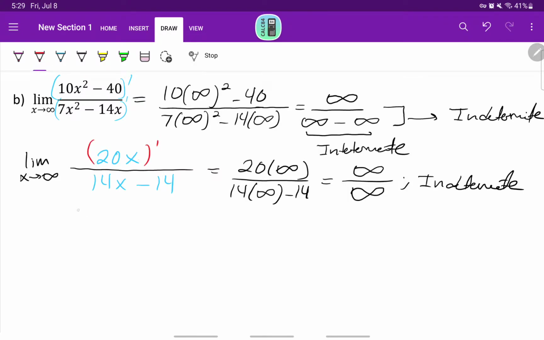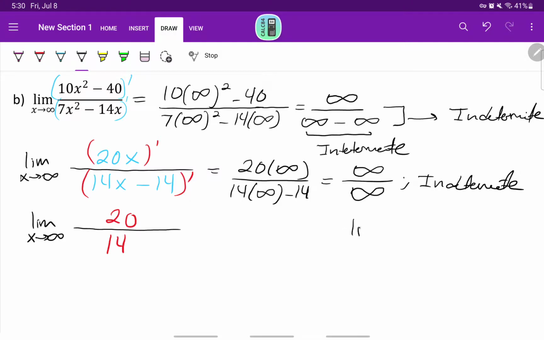Take the derivative of the top, take the derivative of the bottom. We have the limit as x approaches infinity. The derivative of 20x is just 20. The derivative of 14x is 14. Minus the derivative of 14 is 0.